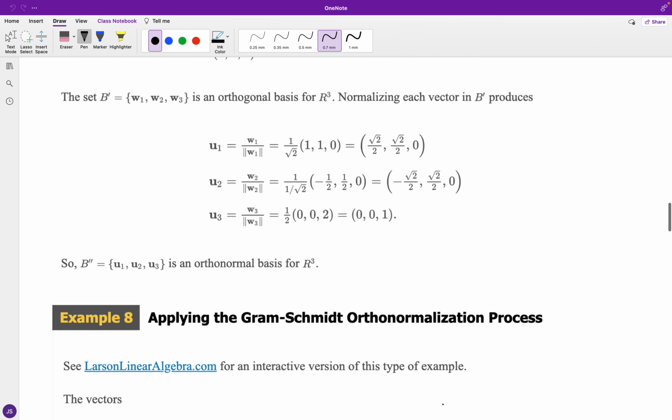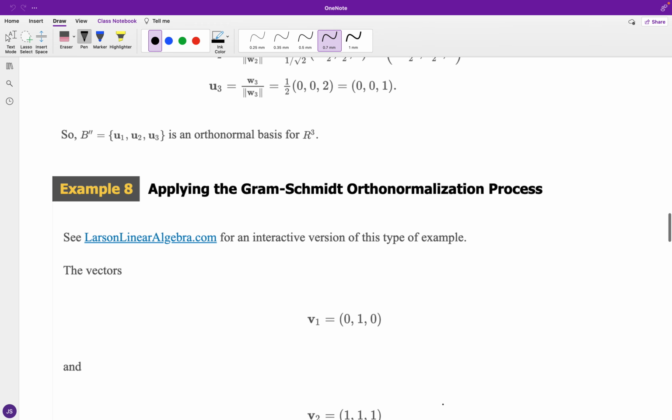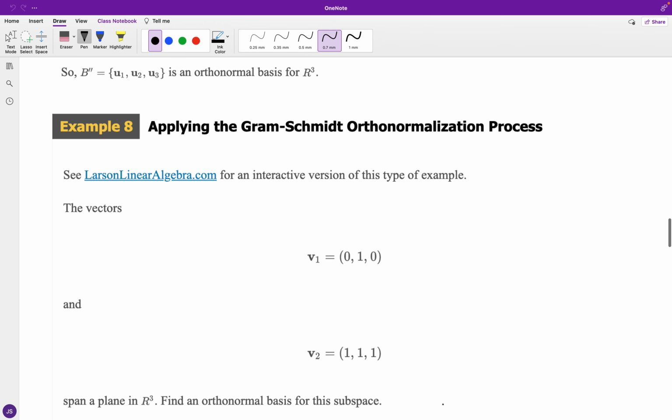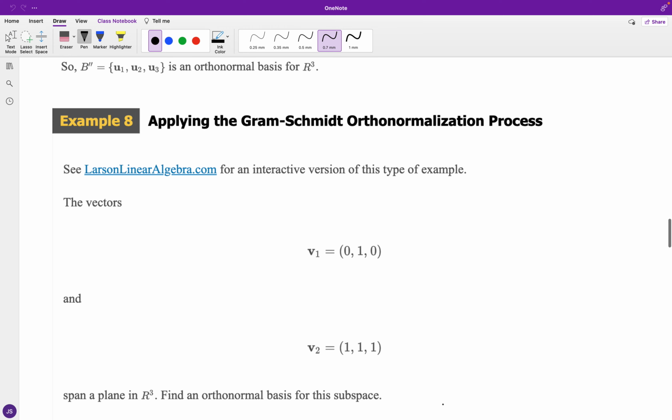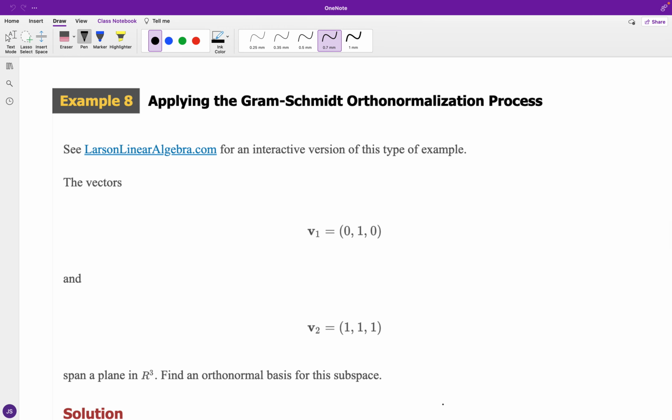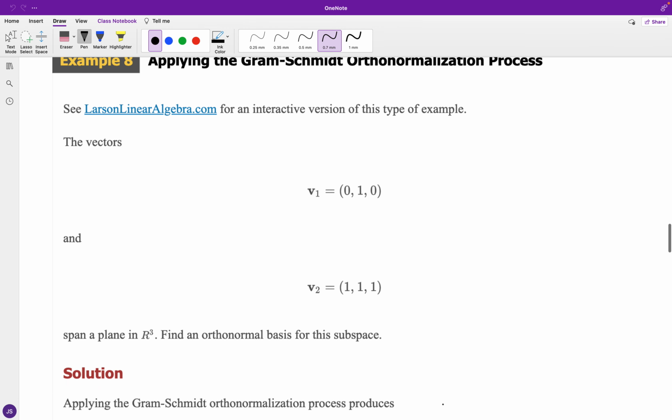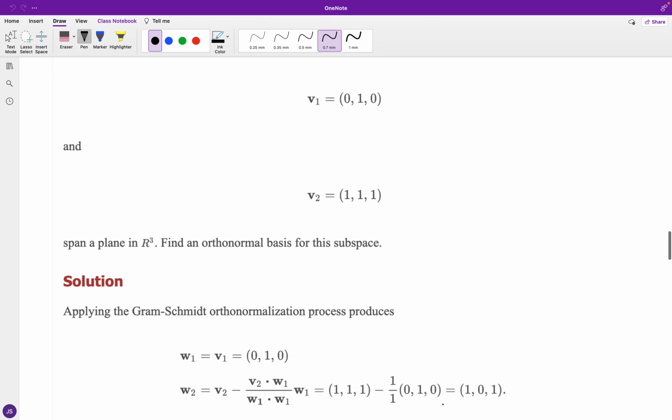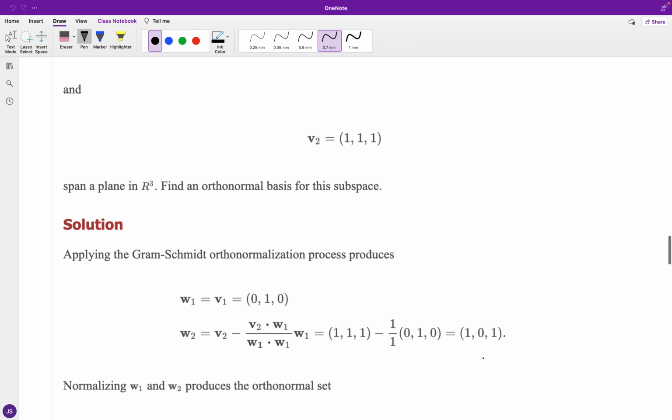Also, for the vectors V sub 1 at (0, 1, 0) and V sub 2 at (1, 1, 1), we're looking at finding an orthonormal basis for this subspace. Going through the Gram-Schmidt process, W sub 1 is equal to V sub 1, which is (0, 1, 0).